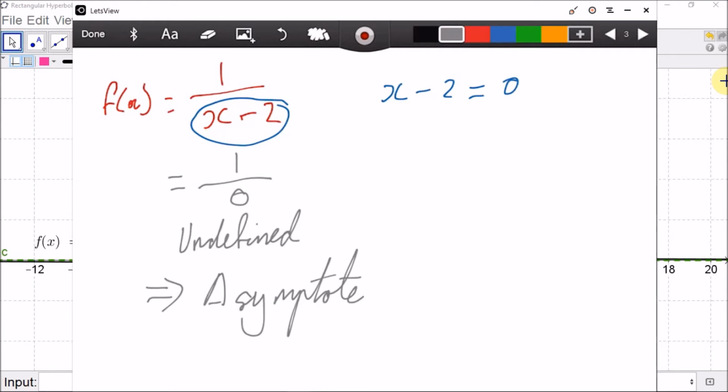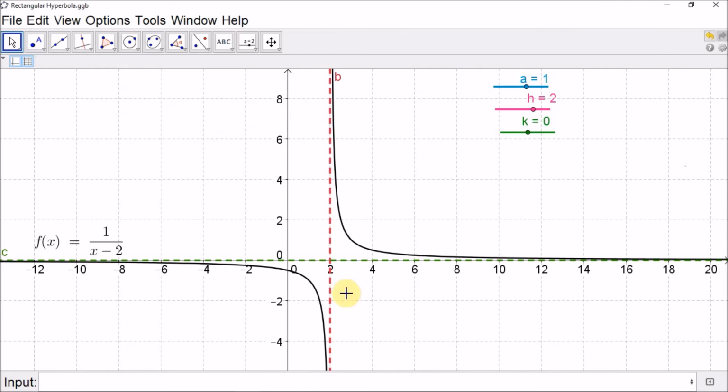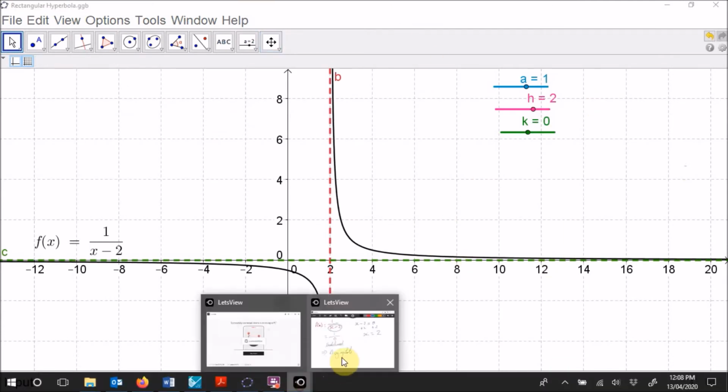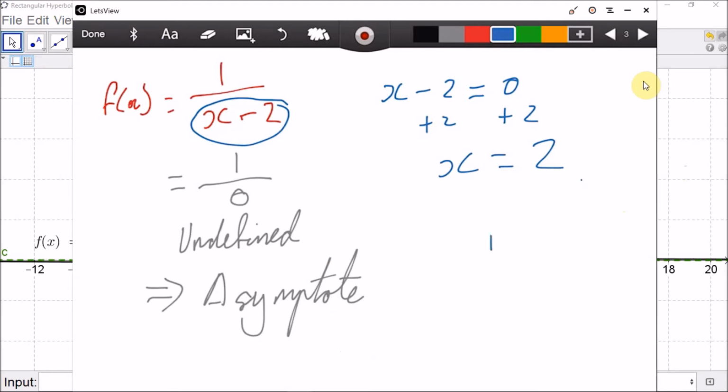So if x minus 2 equals 0, and I add 2 to both sides, then x equals 2. So x equals 2 is our vertical asymptote.